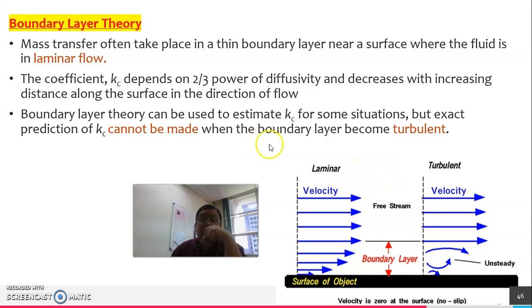So this is the delimitation of the boundary layer theory. The coefficient Kc depends on the 2/3 power of diffusivity, and it decreases with increasing distance along the surface in the direction of flow. Okay, so this is what we call boundary layer theory.